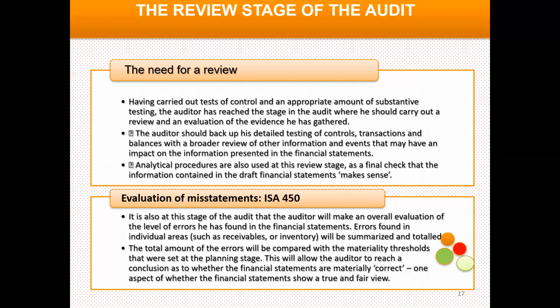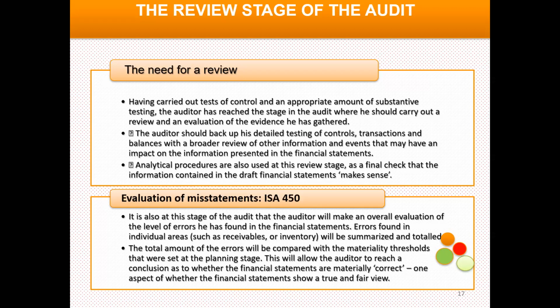So how does the auditor do this review? Since the auditor has done his detailed tests of controls and all their substantive testing, he should back this up with a broader review of information and events that may have an impact on the financial statements.